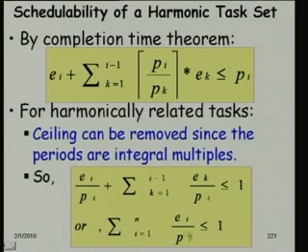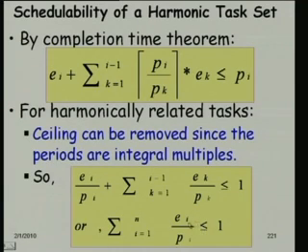Is this check enough, or do we need to check this expression for every task? For the n minus 1th task, we need to check the sum over i equal to 1 to n minus 1 of Ei by Pi is less than 1. For n minus 2, we have to check the sum over i equal to 1 to n minus 2 of Ei by Pi is less than 1. What do you think? Should we check for all tasks?